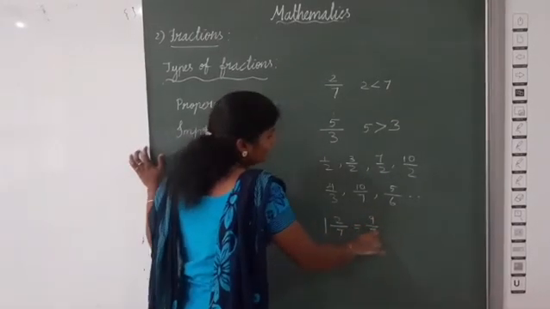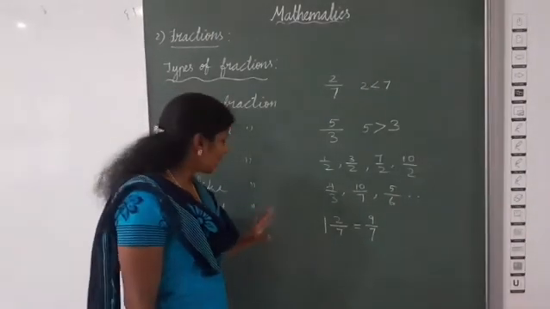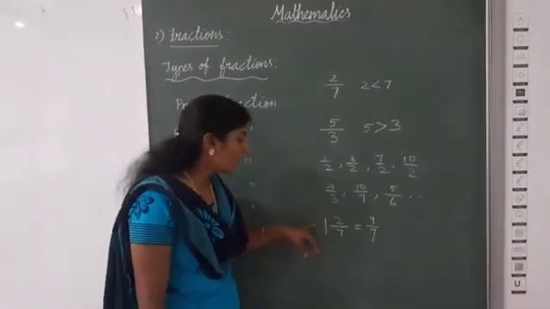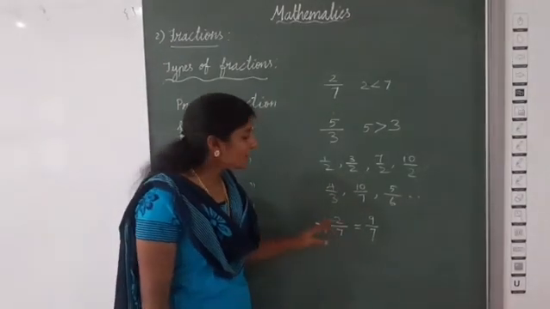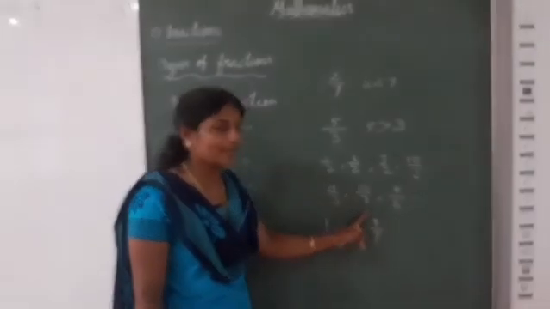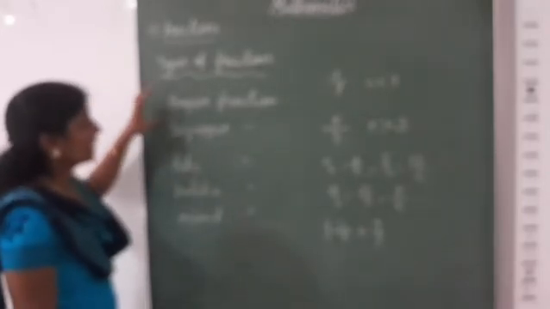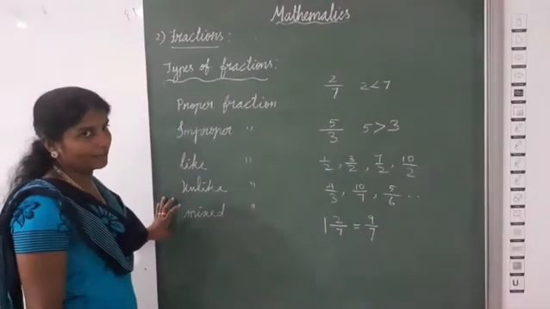So 9 by 7, which is an improper fraction. Now clear? What is a proper fraction, then improper fraction, like fraction, unlike fraction and mixed fraction.